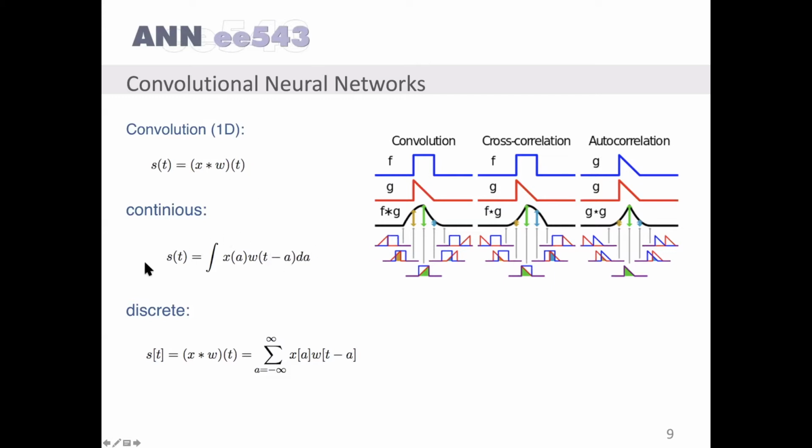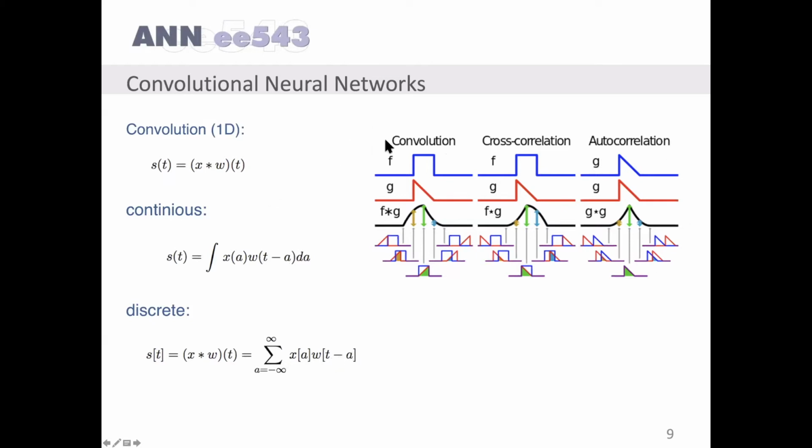This is for the continuous case. If we consider the discrete case, s(t) is defined as the summation, where a goes from minus infinity to infinity over integers, of x(a) w(t minus a).